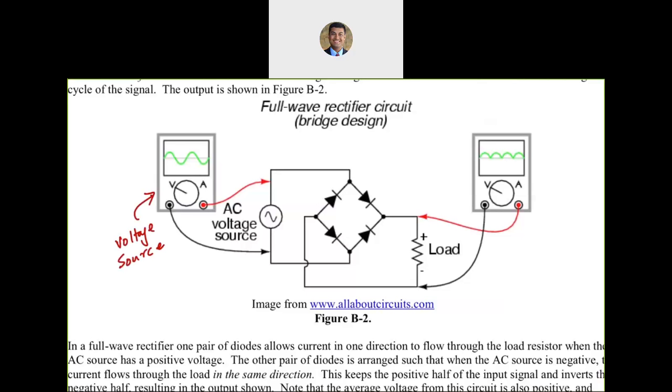Well, when they are positive, some diodes are going to be forward biased, some diodes are going to be reverse biased, and there will be current only through the forward biased diodes. So let me try to trace the direction of current when the voltage source has positive voltages that are being supplied to this full wave rectifier.